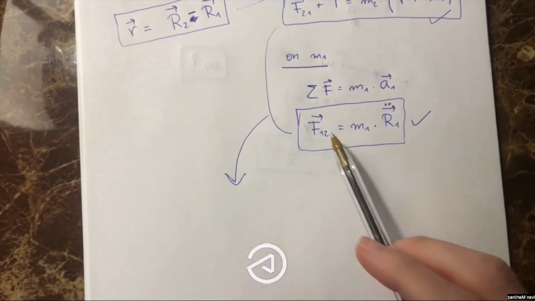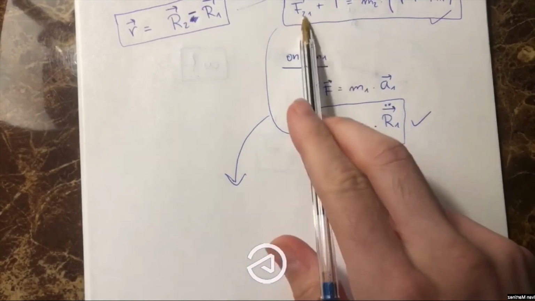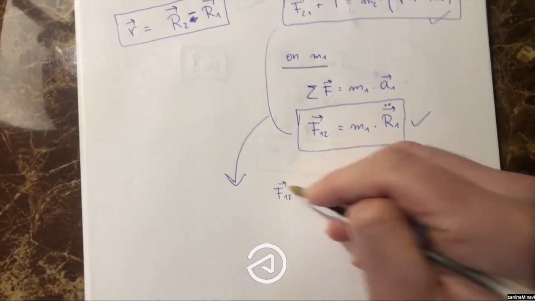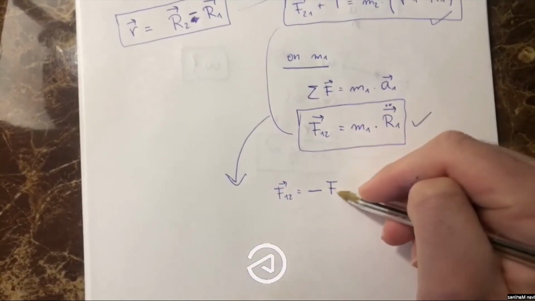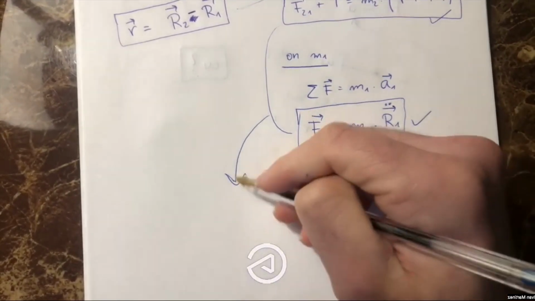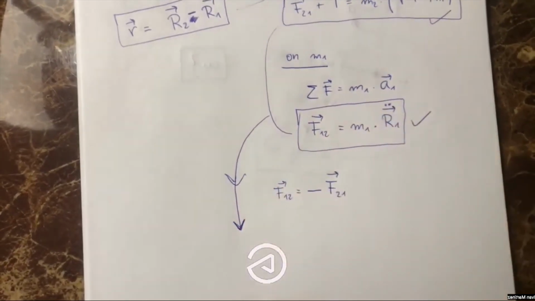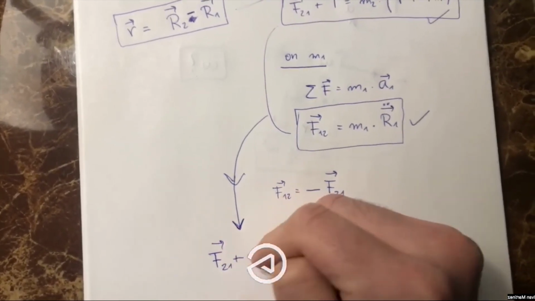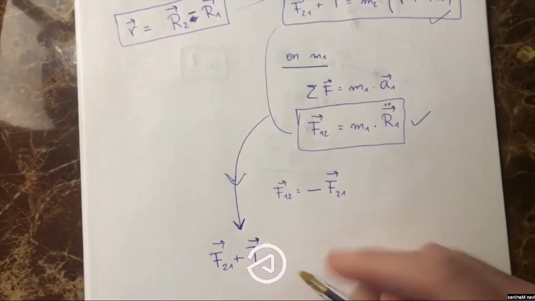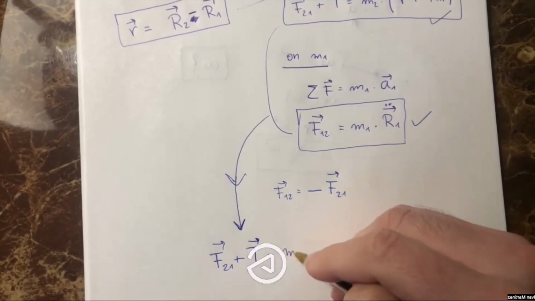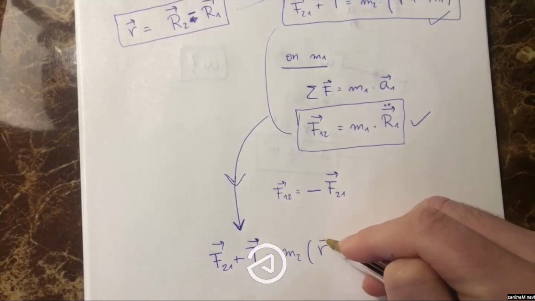And what do we know of F12 relative to F21? We know that they're equal, but in opposite directions. So we're going to apply that. We're going to obtain F21 plus T is equal to M2 R double dot.